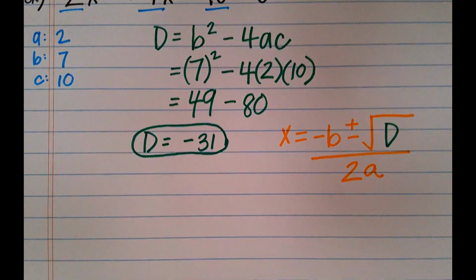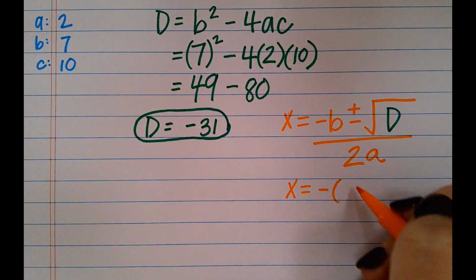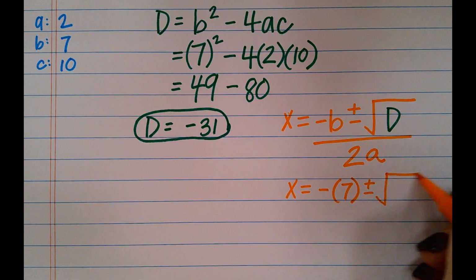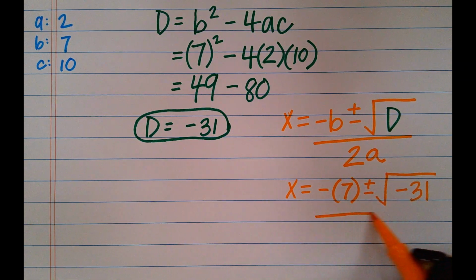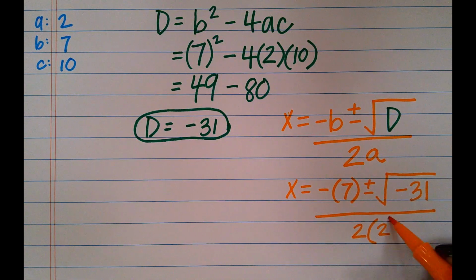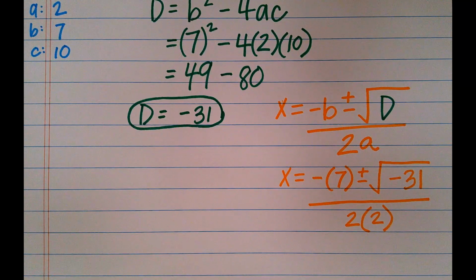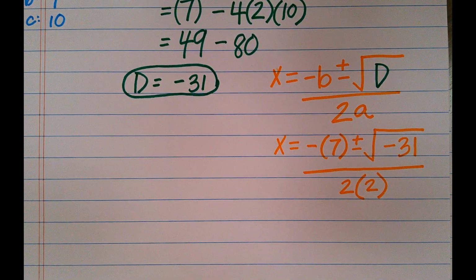Let's start plugging stuff in. x equals negative 7 plus or minus the square root of negative 31 all over 2 times 2. Okay, and I know I'm running through this quick, but I'm really just wanting to show it to you. And you can tell me to slow down if you need me to.